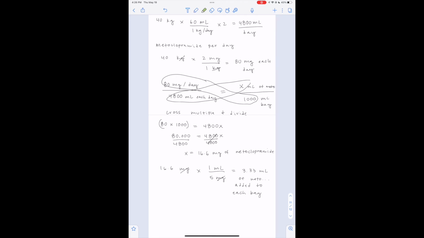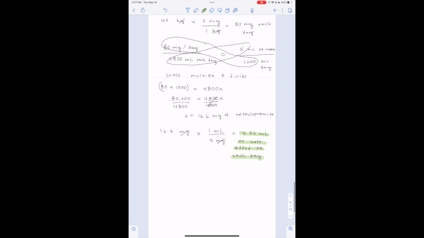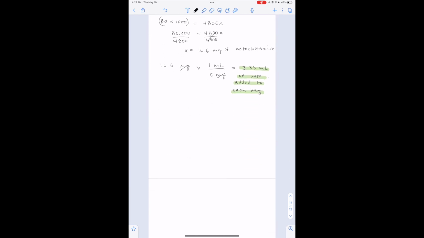And then finally, for part 4, it says that we want to supplement Hangry's fluids with 40 milliequivalents per liter of potassium chloride, and that is at 2 milliequivalents per milliliter. So how many mils should we add?